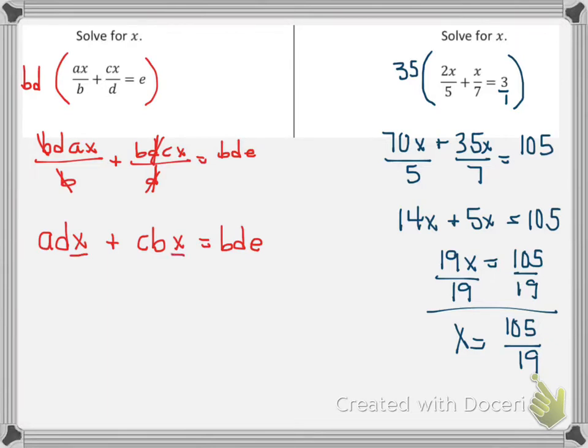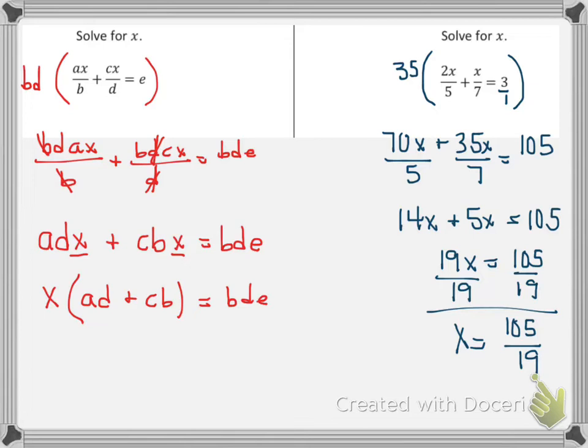They both have a common x, so I'm going to factor that out using the distributive property. X is my common factor, and then I'm going to divide it out. ADX divided by x is just AD, plus CBX divided by x is just CB, and that's equal to BDE.